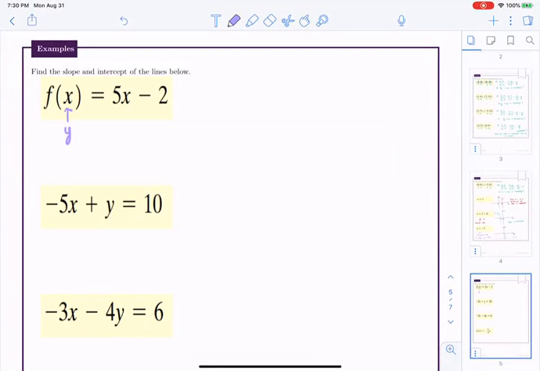Now, y equals mx plus b is what we call the slope-intercept form of the line. m is the slope, and b is the y-intercept. And you may say, well, what is the y-intercept?